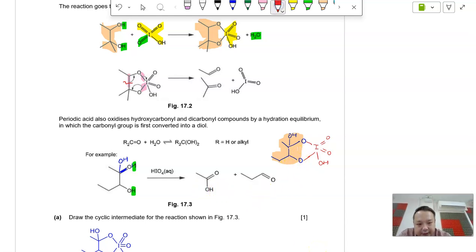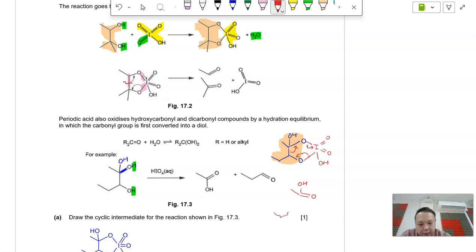We repeat the same process: this I-O bond, this C-C bond breaks, this O-I bond breaks. Then we end up with OH, then we get a double bond O, because these two electrons go over to this oxygen. And then for the bottom one, we end up with 1, 2.